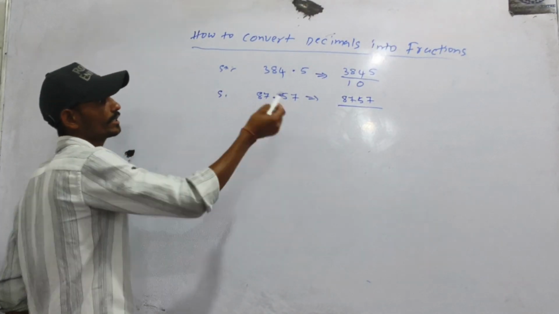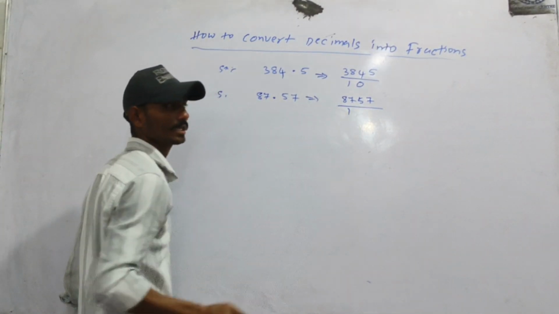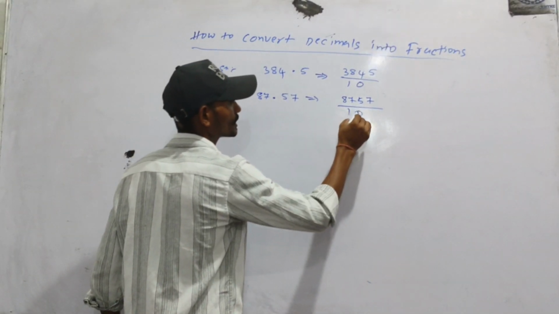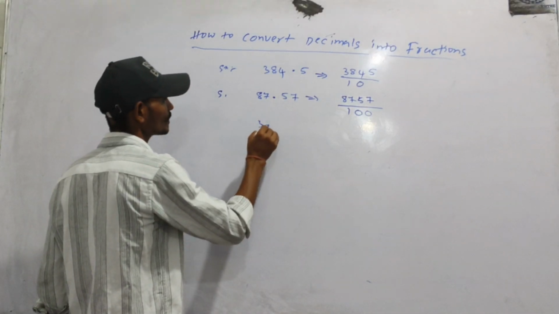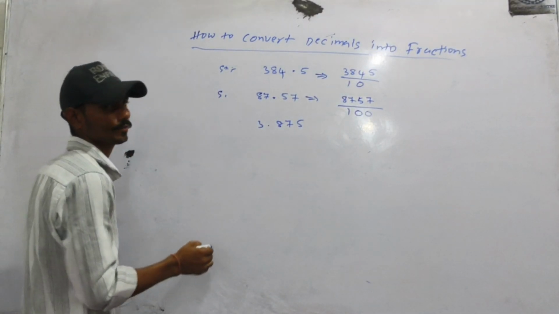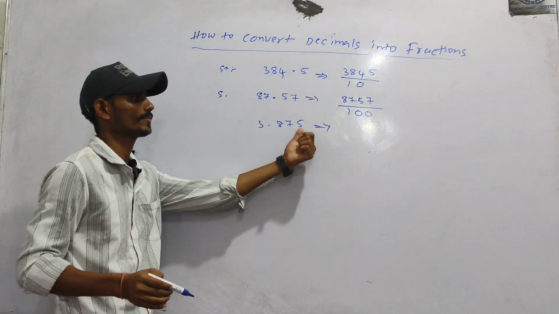Okay, I wrote it directly, but as per the point put 1 in the denominator. After the point how many digits, 2 digits, then you put 2 zeros. Okay, next, 3.875.